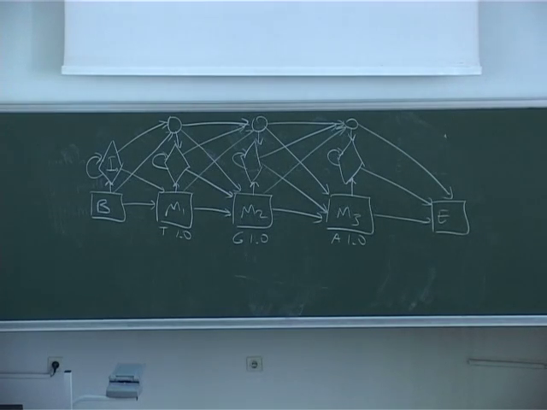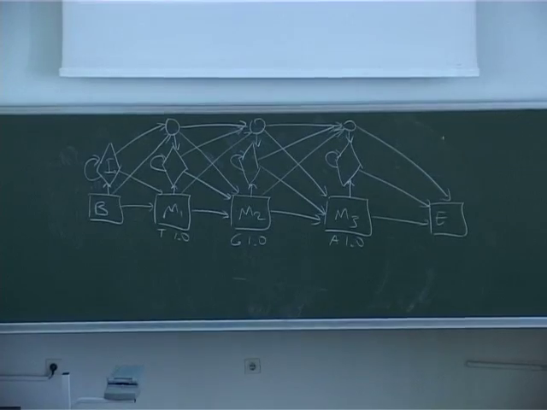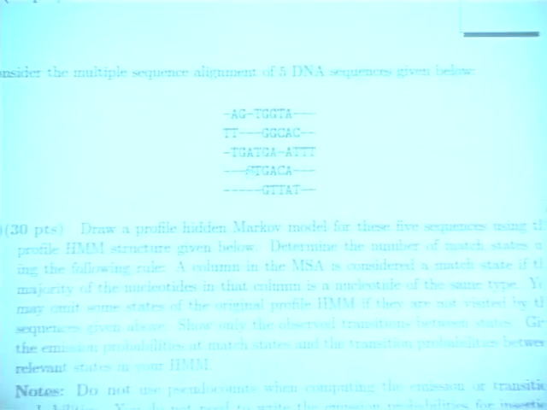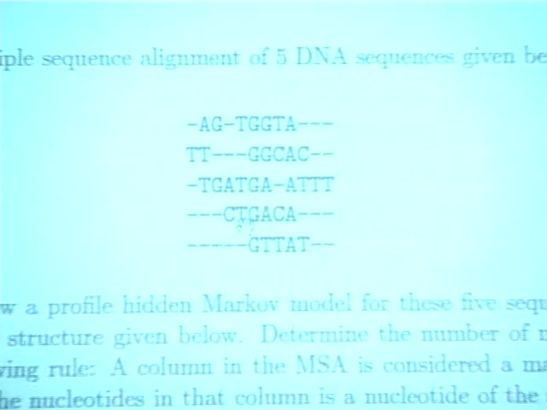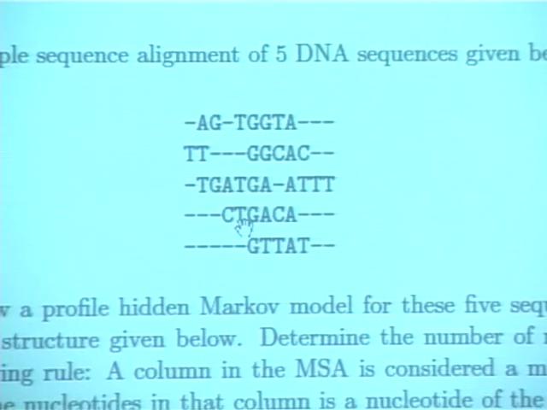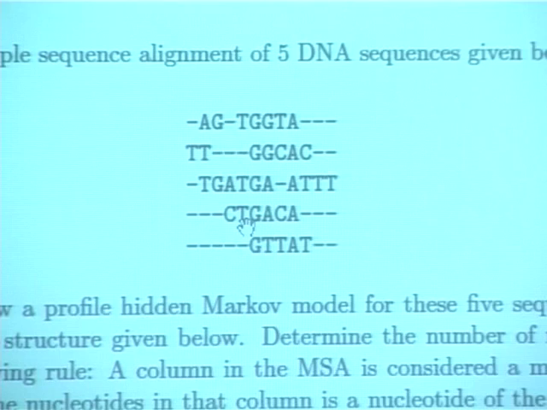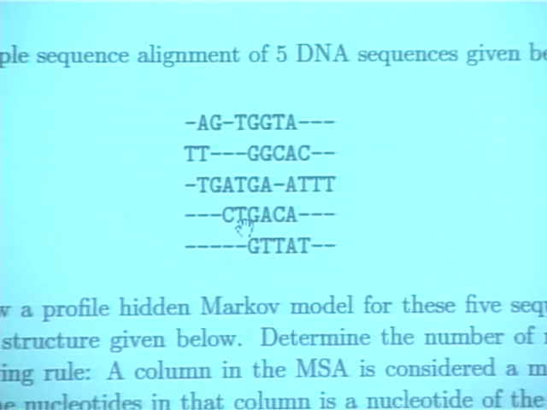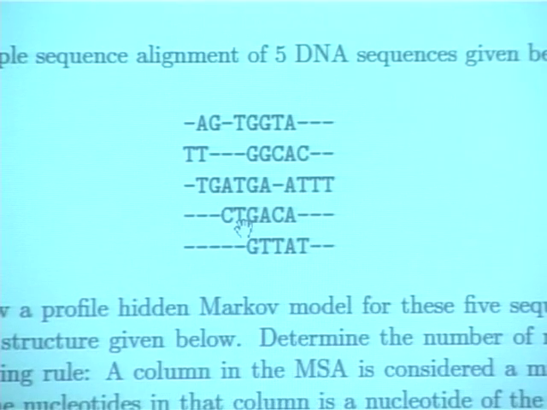How are we going to do the transition probability first? Here, since these are match states, I know that this column is my first match state. And whatever was emitted before this first match column can only be emitted from this I0 state. I1 is visited after M1.